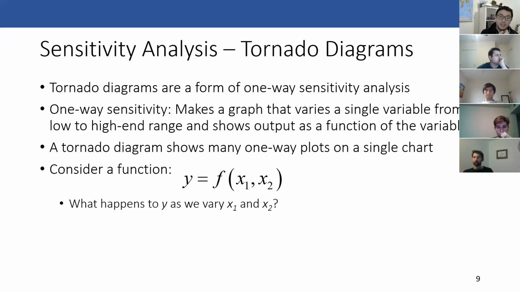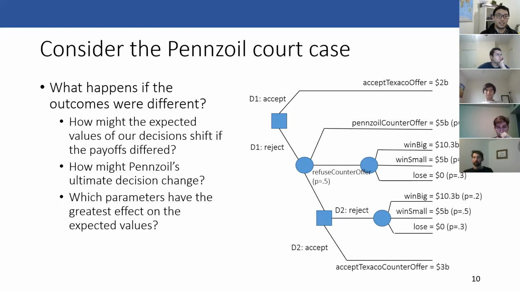Okay, so let's take a look at an example by revisiting one of the decision tree models that we reviewed from last class, the Pennzoil court case. This is the tree that was drawn, just as a quick refresher.